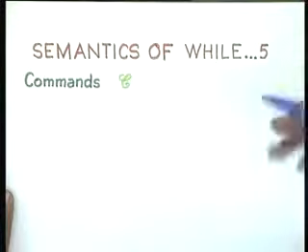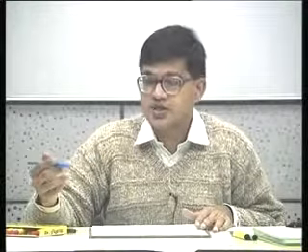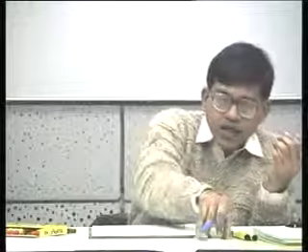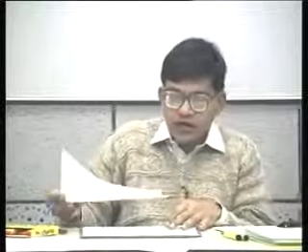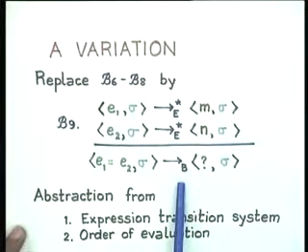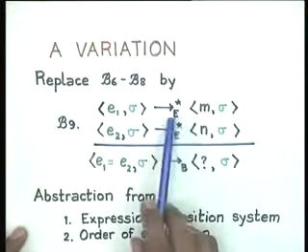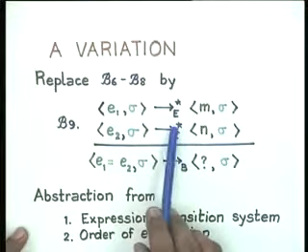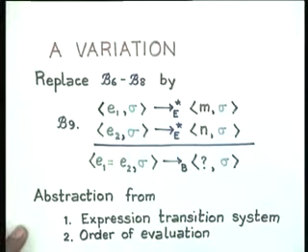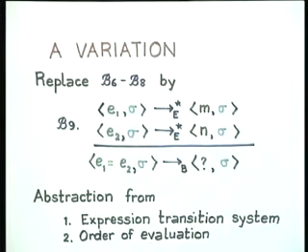So we'll assume the existence of the underlying Boolean expression transition system and the integer expression transition system, and look upon commands as some high level entity in which, see, the whole point is that in this kind of an abstraction, as far as the Boolean expression evaluation is concerned, however many steps the sequential expression evaluation might take, all of that is regarded as a single step in the Boolean expression evaluation, right.